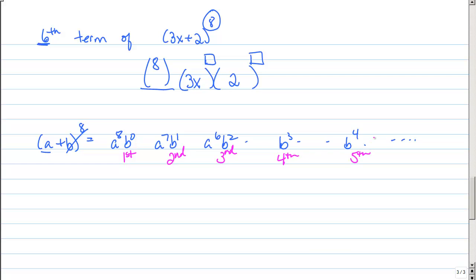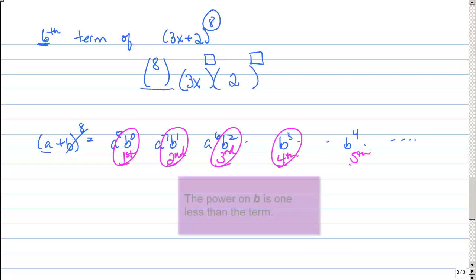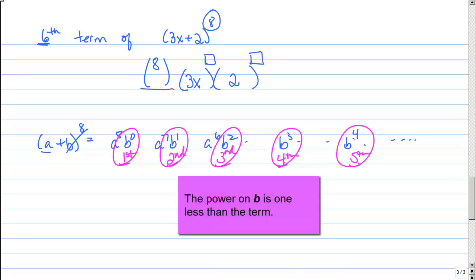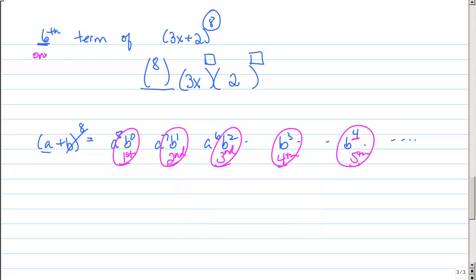So what's that relationship? Hopefully you'll see the power is 1 less than the term, and that's the power on b. So we want 1 less goes here, so that's 5. And that matches there. Now how do we get the power here? Well, we notice those powers have to add up to 8, so I need a 3.